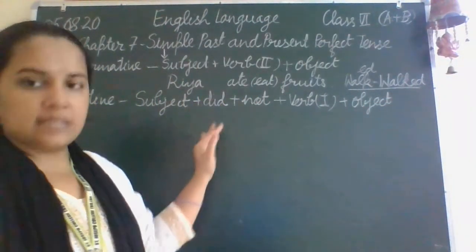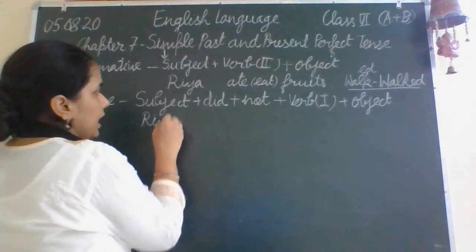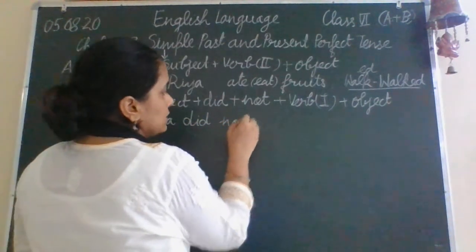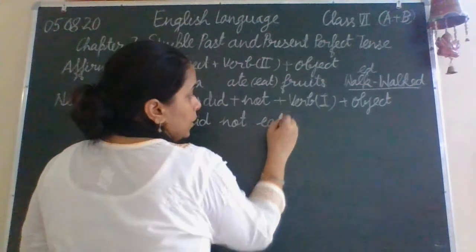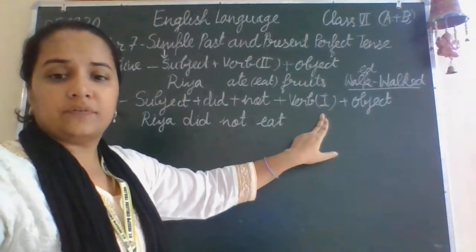Let's take the same example again. So here the sentence will be Ria did not eat fruits. Why eat? Because we are using the first form of the verb.